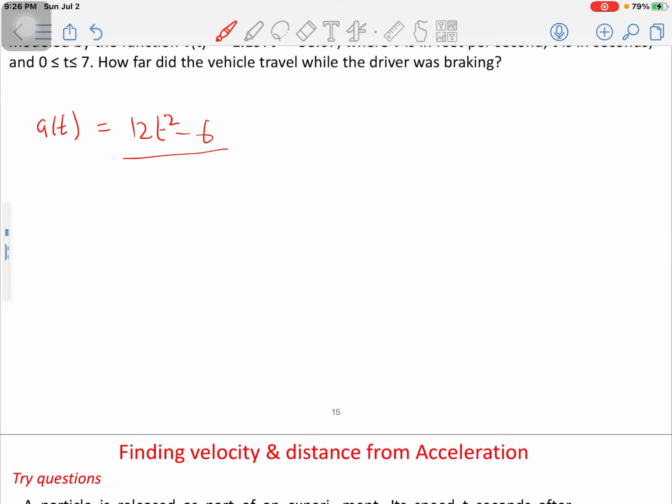At the turning point, the derivative is going to be 0, as you did in your calculus 1. So when we differentiate, we're going to get 24t equal to 0. And now we are going to get t equal to 0.